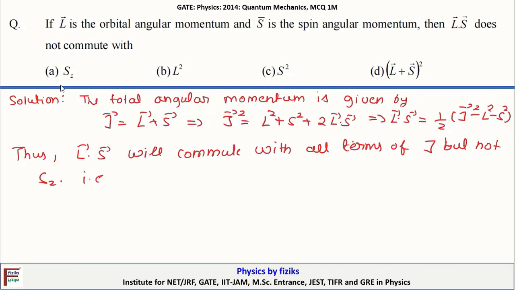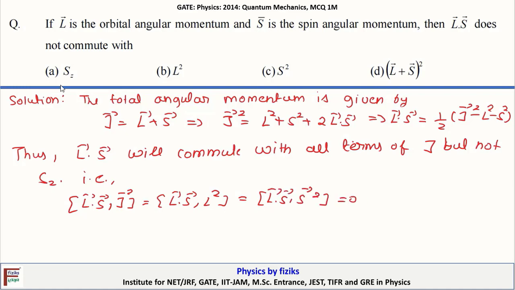That is, L dot S with J square, and L dot S with L square, and L dot S with S square commute, giving 0, but the commutator of L dot S with Sz does not equal 0. So our answer is option A.